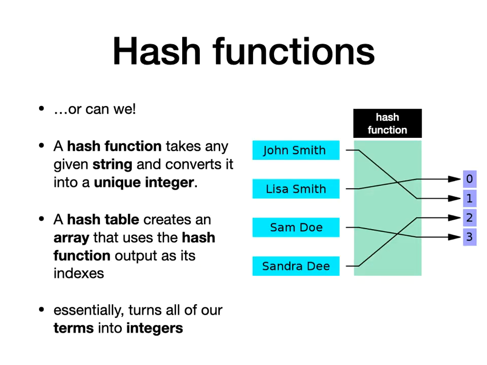Unless we can start using hash functions. A hash function will take any given string and attempt to convert it into a unique integer. So a hash table creates an array that uses the hash function's output of an integer as its index. So it turns all of our terms into integers.